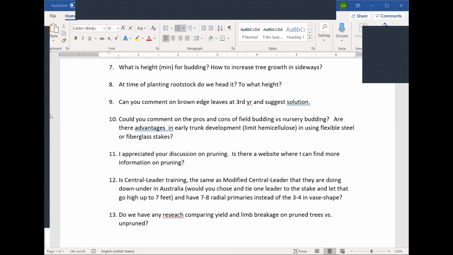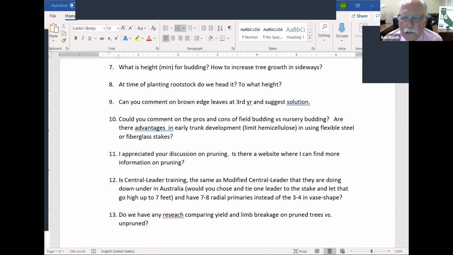Oh, okay. Okay, then can you comment on brown edged leaves at third leaf and suggest a solution? Okay, leaves that are brown on the edges are due to boron accumulation. So you need to go into your soil, do a soil analysis, see whether or not your boron levels are 3 parts per million or greater in the soil, and also test your water.